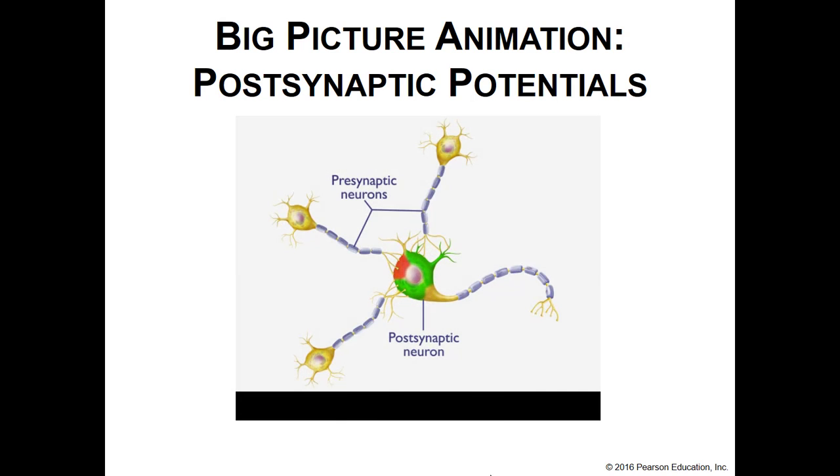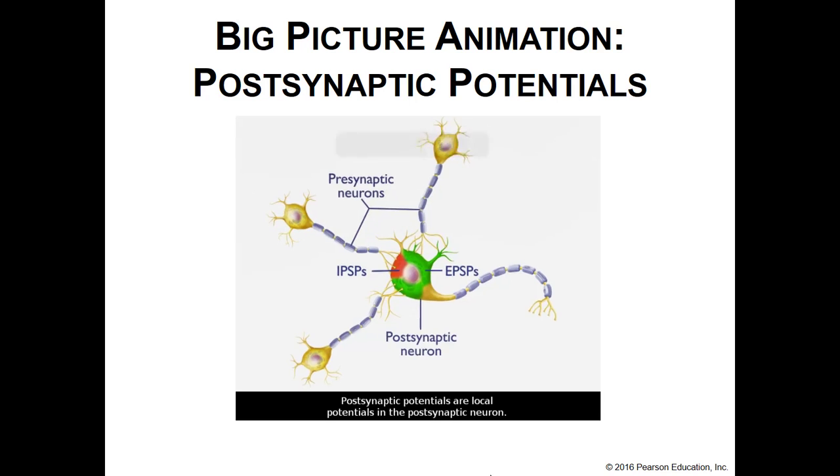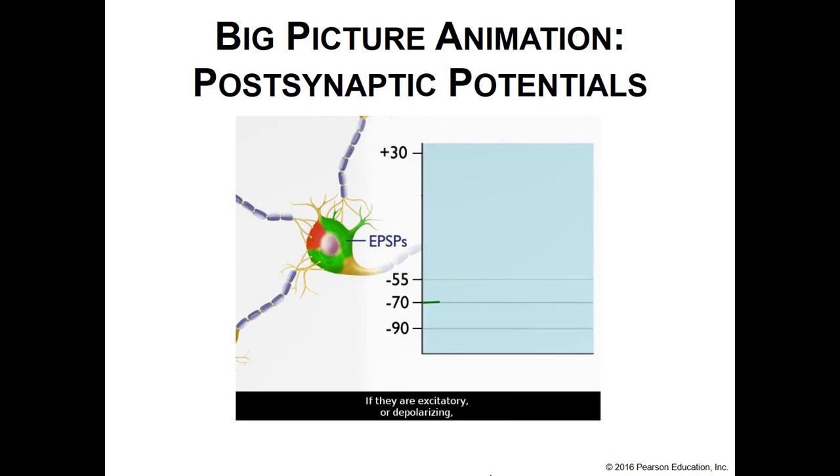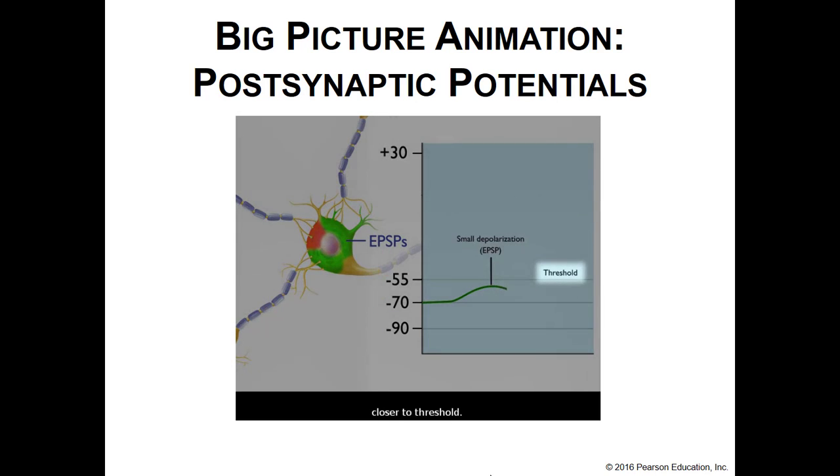We will now focus on excitatory postsynaptic potentials, or EPSPs, and inhibitory postsynaptic potentials, or IPSPs. Postsynaptic potentials are local potentials in the postsynaptic neuron. If they are excitatory or depolarizing, they will bring the membrane potential of the postsynaptic neuron closer to threshold.